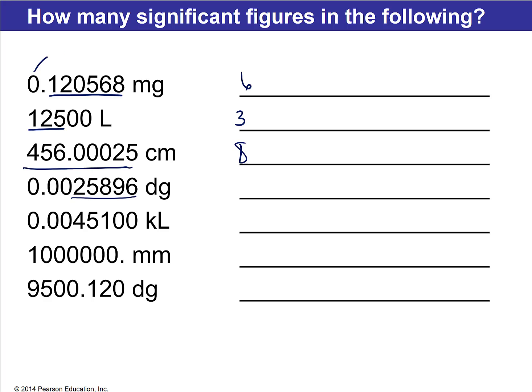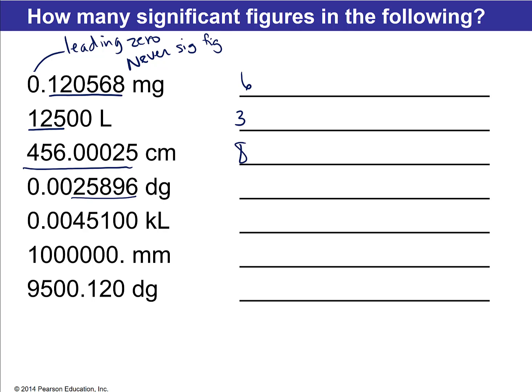Leading zeros are never significant. Never significant figures. You always leave those off. They're just holding the size, and you'll see when we convert to scientific notation, those zeros go away because you only keep significant figures in scientific notation.